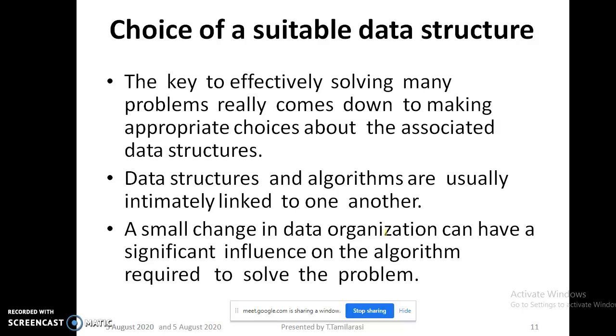These are all non-linear data structures, so trees and graphs. Good. These are the data structures we already learned in the subject.